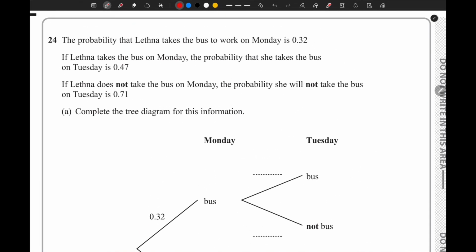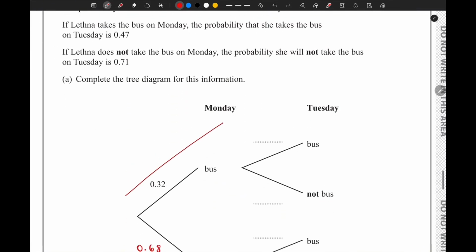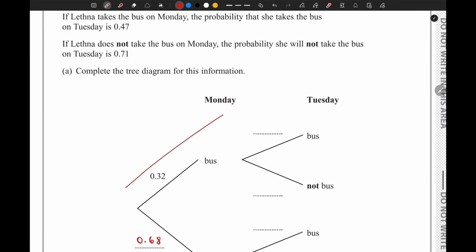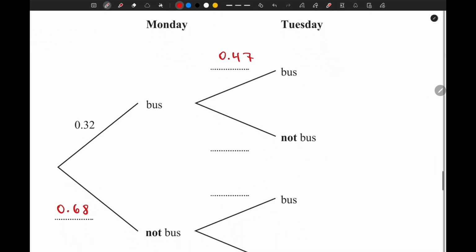Now if Lethna takes the bus on Monday, the probability that she takes the bus on Tuesday is 0.47. So this has been given as 0.47. If I subtract 0.47 from 1, I will get the probability of this branch, which is 0.53.